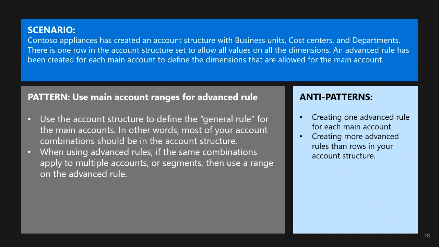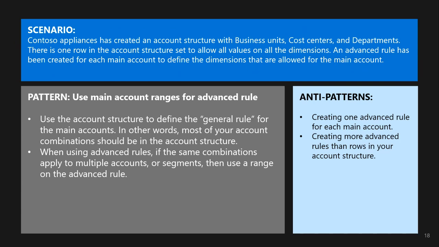And if you're not seeing patterns, sometimes what you need to do in the account structure is remove the exceptions, and then the patterns will come out more, and then you can put those exceptions into advanced rules. When using advanced rules, if the same combinations apply to multiple accounts, then you can use a range just like you would on the account structure.